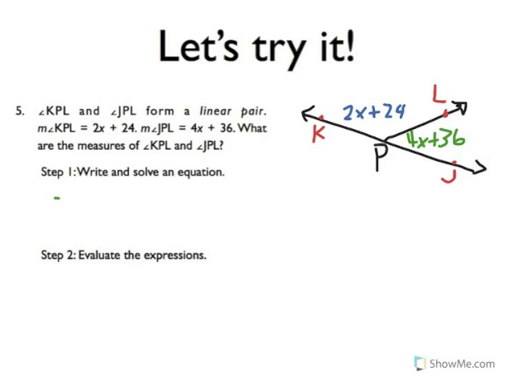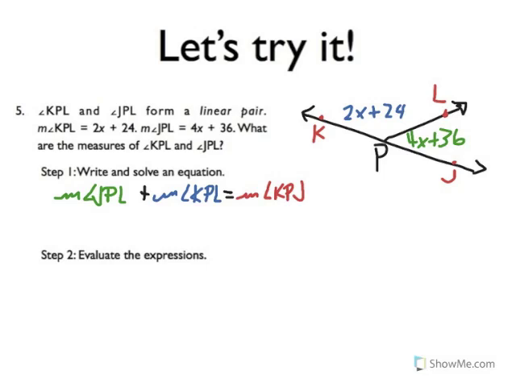We'll use the angle addition postulate and say the measure of angle JPL plus the measure of angle KPL has to equal the measure of angle KPJ. That would be the whole angle. So now let's do some substitution here.